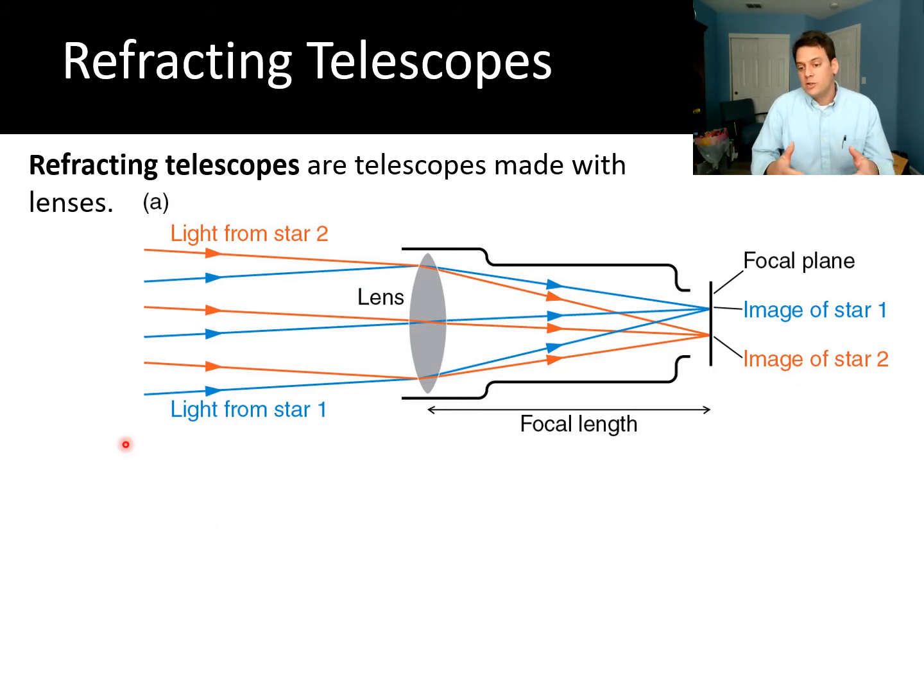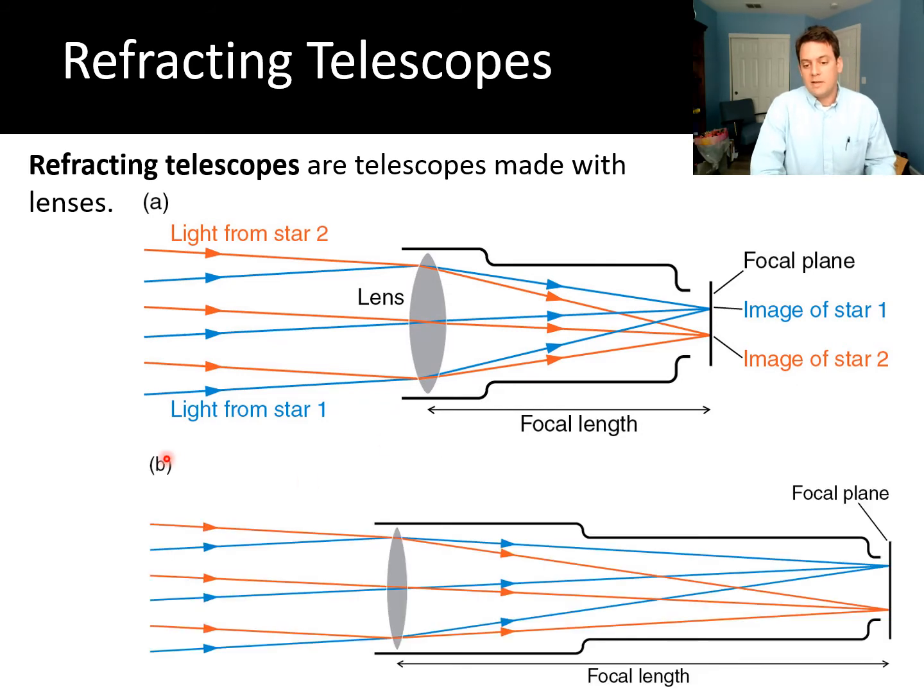In reality, you've got hundreds of stars that might be visible in a particular region of the sky, and so there are going to be a whole lot of light rays crisscrossing each other, and that's fine. I'm not going to make your head hurt by drawing that here, but however many stars are out there, you're going to have those images on the focal plane.